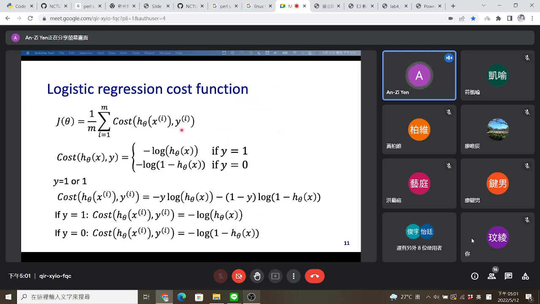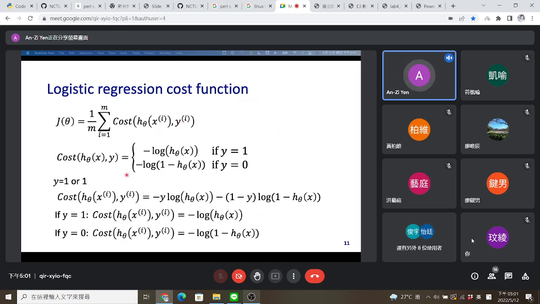Just to remind you, for the classification problem in our training set, y is always equal to 0 or 1, and because y is either 0 or 1, we will be able to come up with a simpler way to write the cost function like this.